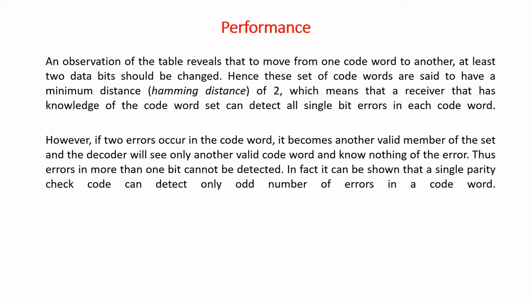However, if 2 errors occur in the data word, it becomes another valid member of the set, and the decoder will see only another valid code word and know nothing of the error. Thus, errors in more than one bit cannot be detected. In fact, it can be shown that a single parity check code can detect only an odd number of errors in a code word. So this is the performance of the simple parity check.